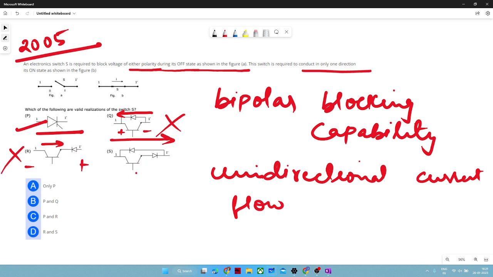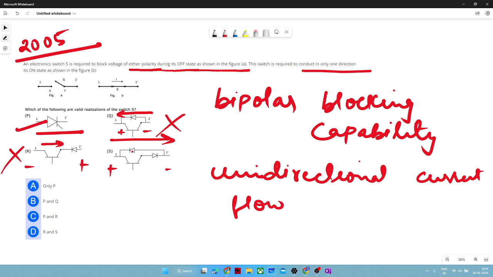The fourth option has an IGBT or BJT connected with a diode in series and an anti-parallel diode. So here, first let us see what will happen if we apply positive polarity of voltage. This IGBT will block this polarity, right?